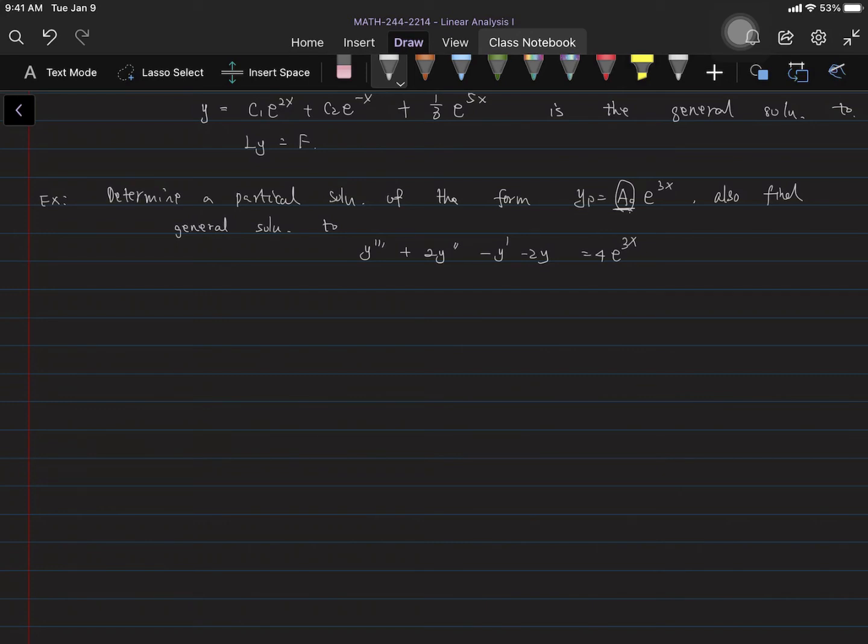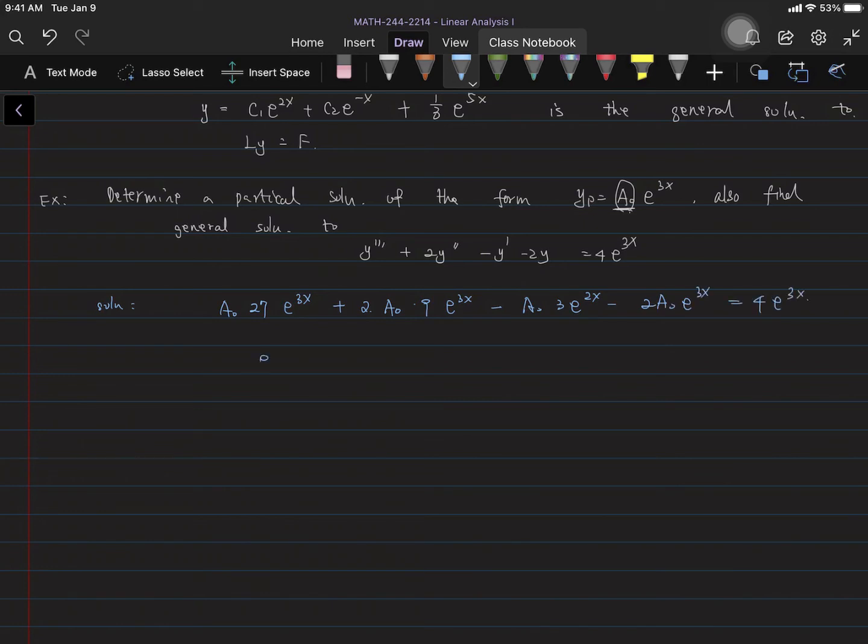Because this is a particular solution, it should satisfy this differential equation, right? So we plug the yp into the differential equation, and we want to solve for a naught. The third derivative of that one should be 27 e to the 3x, plus 2 a naught times 9 e to the 3x for the second derivative, and the first derivative term, minus 2 a naught e to the 3x equals 4 e to the 3x.